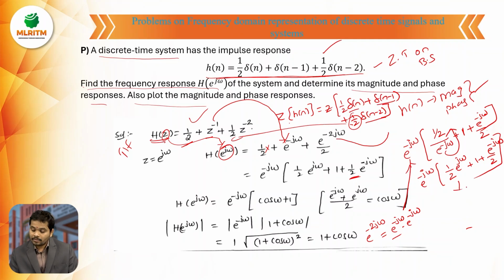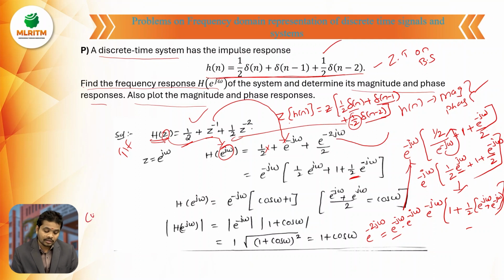So we have e^(-j omega) into whatever terms are related to e^(j omega), and I am taking 1/2 common: 1 plus 1/2 times (e^(j omega) + e^(-j omega)). As you know, cos theta equals (e^(j theta) + e^(-j theta))/2, and sin theta equals (e^(j theta) - e^(-j theta))/2j.